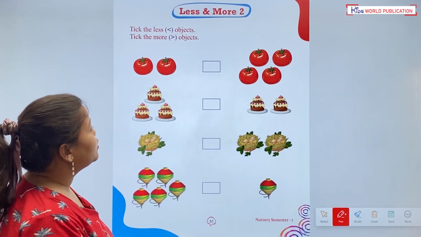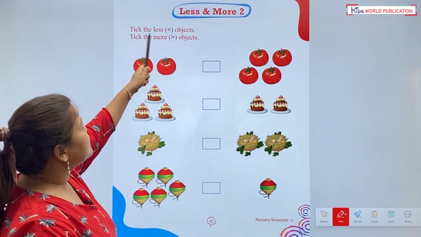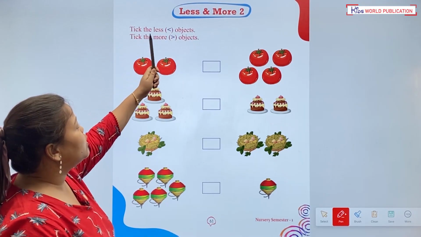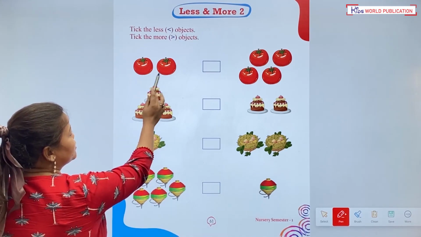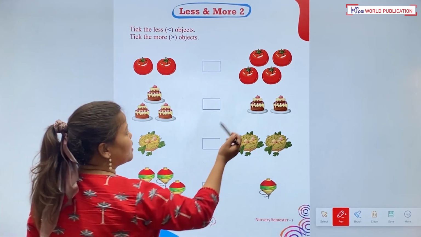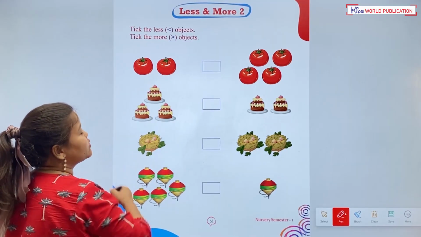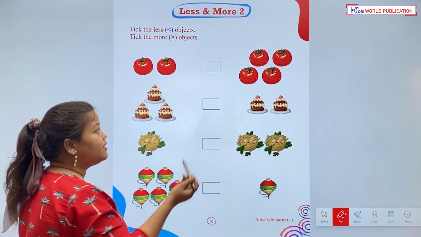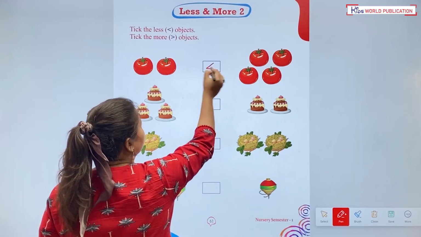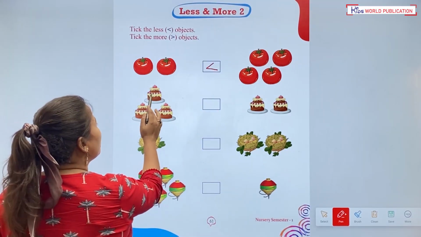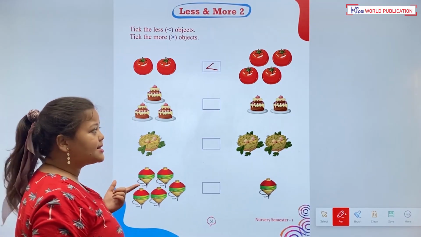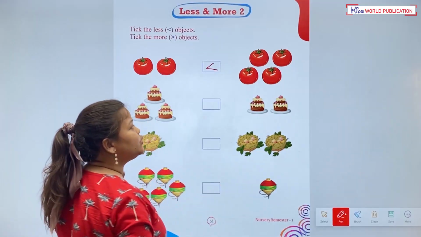Less and more, 2. Tick the less object, tick the more objects. 1, 2, 2 tomatoes. 1, 2, 3, 4, 4 tomatoes. So 2 tomatoes are less than 4 tomatoes. 1, 2, 3, 3 cakes. 1, 2, 2 cakes.